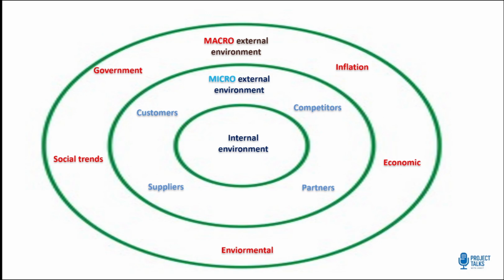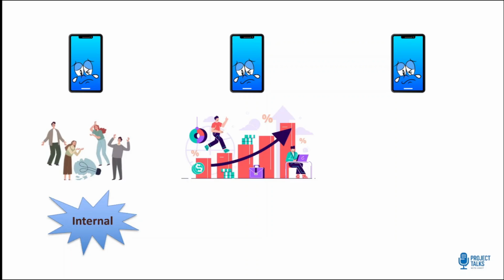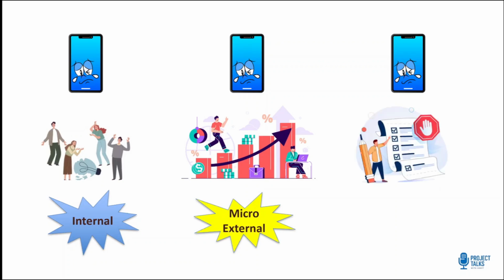Let's understand this with one more example. If your mobile app fails because of poor sprint execution, that's internal. If it loses market share to a rival with better pricing, that's micro external. And if a new government law demands strict data compliance, that's macro external.